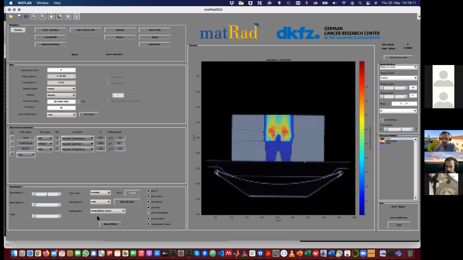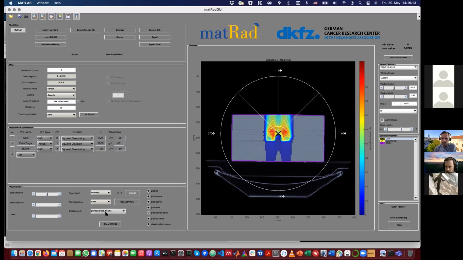So, all right, this is the physical carbon ion dose of beam 1. Looks highly modulated. And now you can also see the carbon ion dose of the second beam direction.